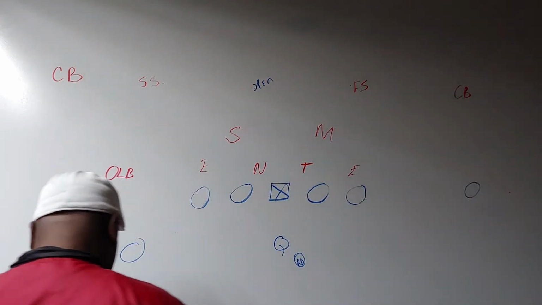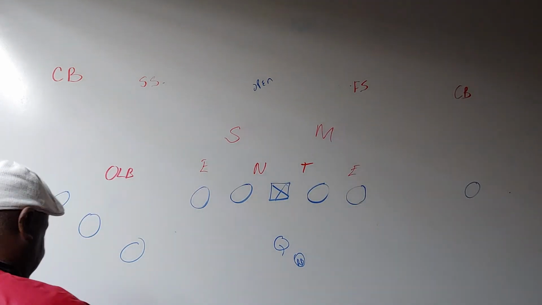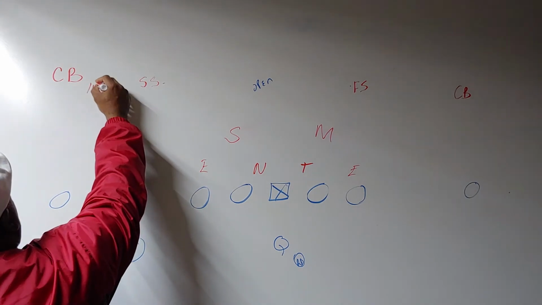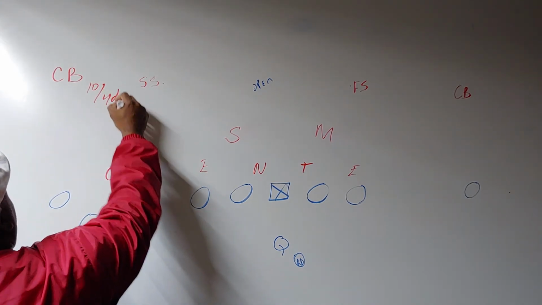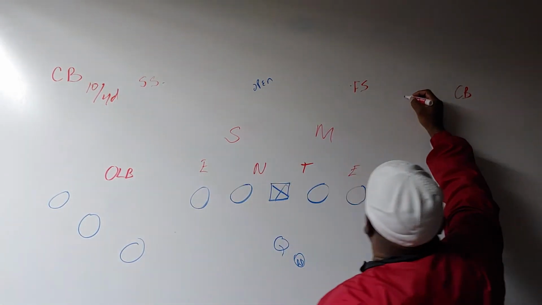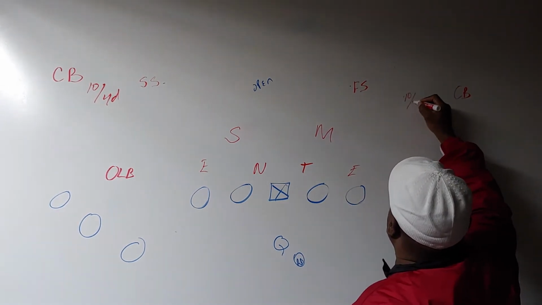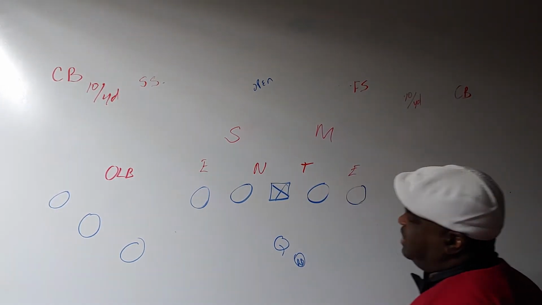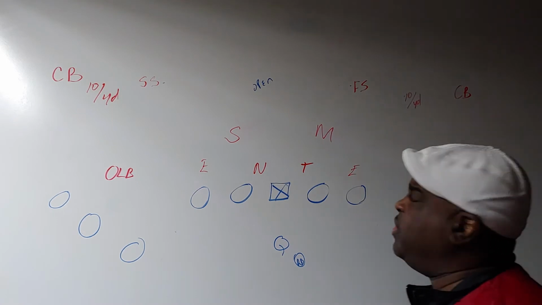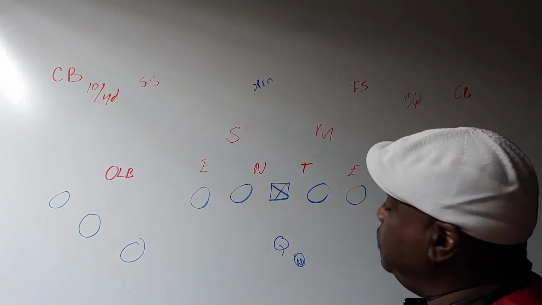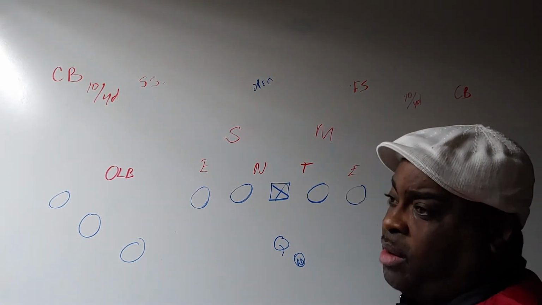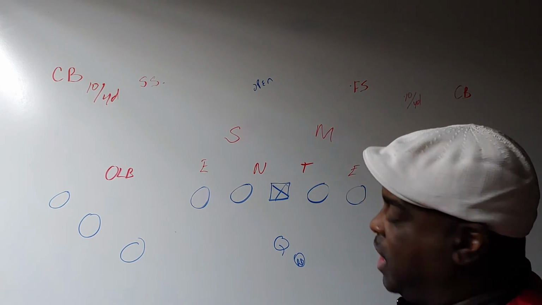Cornerbacks and safeties are about 10 yards off the line of scrimmage, both of them. They're there because in this coverage, they're there to play up on the run too. They can get down into the run because they're not that far back.